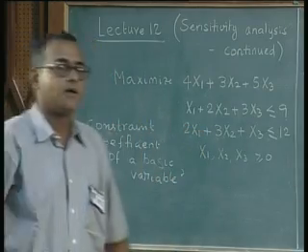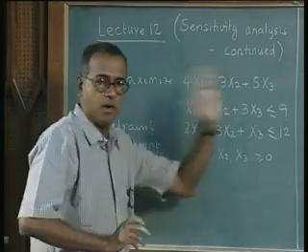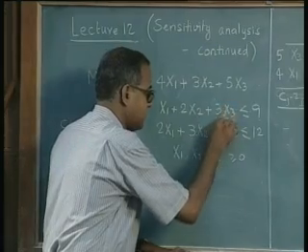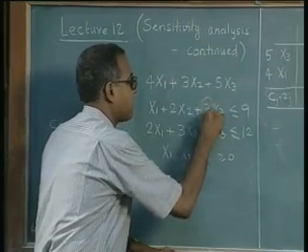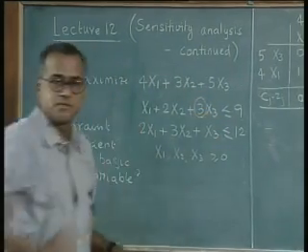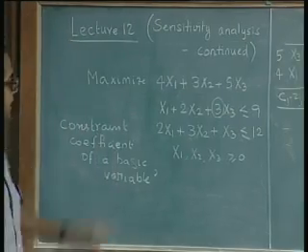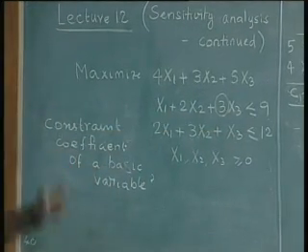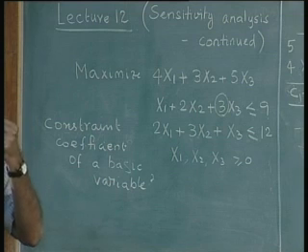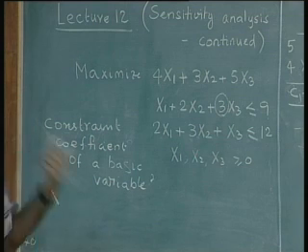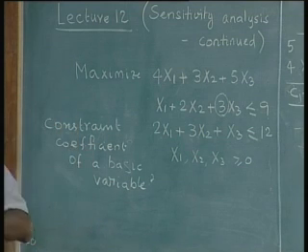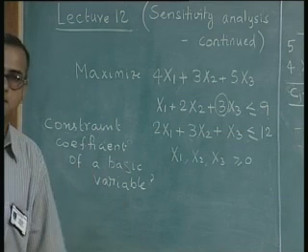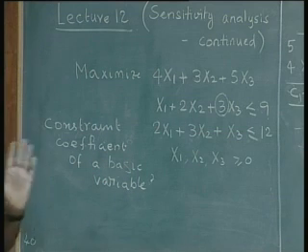Now we are looking at what will happen to the problem if, for example, this number changes, or this, or this, or this. Now when any of these changes take place, that is, if a basic variable's coefficient in a constraint changes, then the answer is do not perform sensitivity analysis, solve the problem all over again.